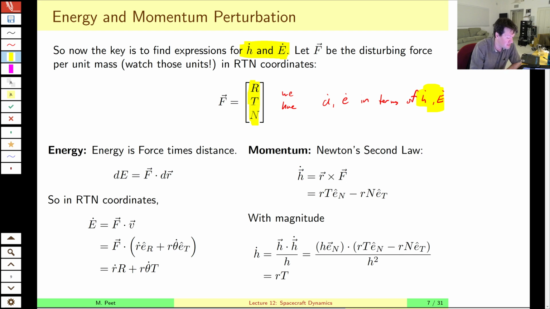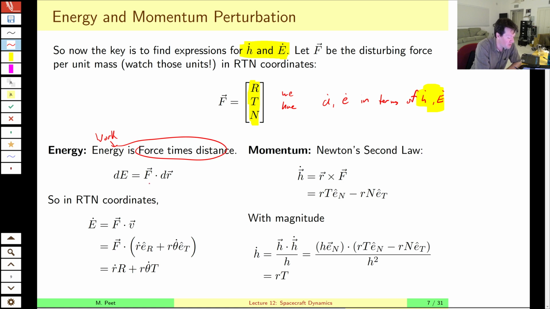This is Newton's law kind of stuff, just basic mechanics. So we can look at energy first because it's a little bit easier. Remember, work is force times distance. And so, what's force times distance?